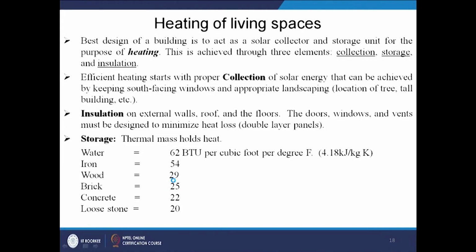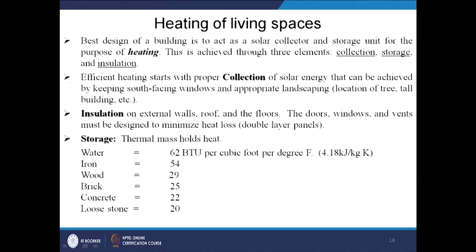This can be done basically by using windows on the south face. Efficient heating starts with proper collection of solar energy, which can be achieved by keeping south facing windows and appropriate landscaping, and that is the collection part. Storage we can do using thermal mass.